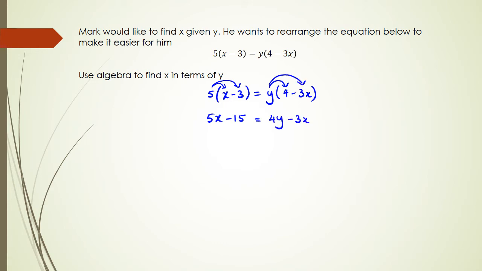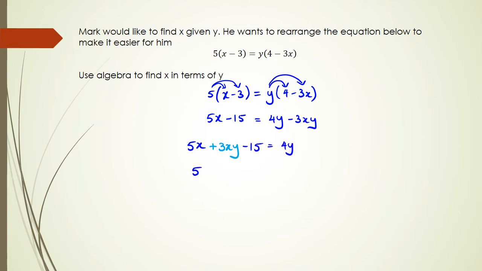Now remember, we want to make x the subject, x in terms of y, so we want to actually have x by itself. So I'm going to bring 3xy to the left hand side, and when I bring negative 3xy to the left hand side, it becomes plus 3xy. And I've got minus 15 equals 4y.